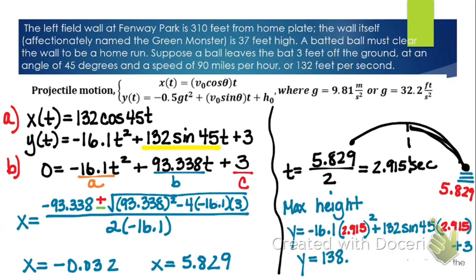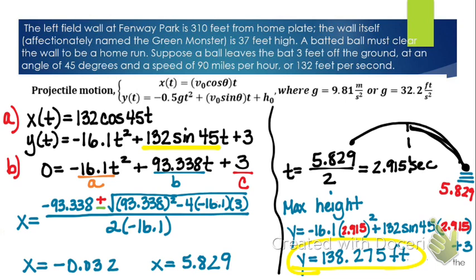Oh, there we go. You didn't add 3. Okay, so 138.275 feet. Because that was kind of a big difference, it should have been 3 off. Sorry. All right. So that's the answer. We have finally reached the answer to part B.